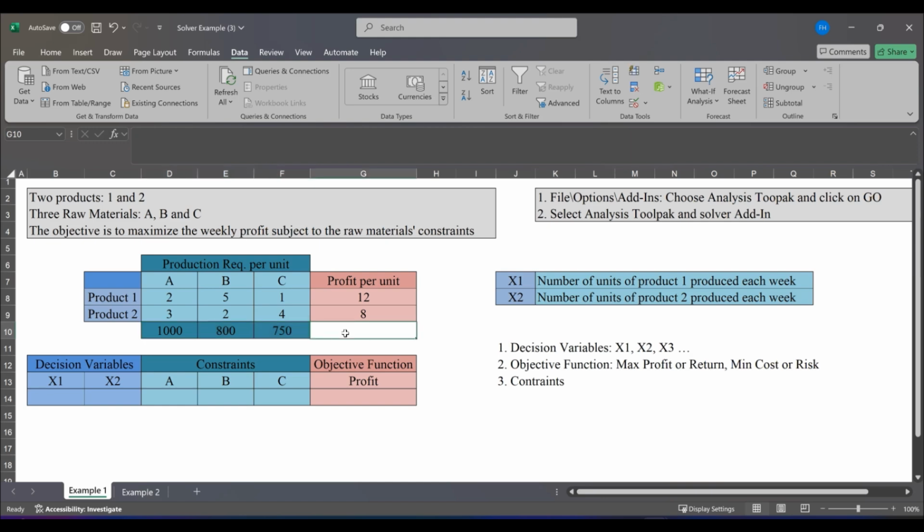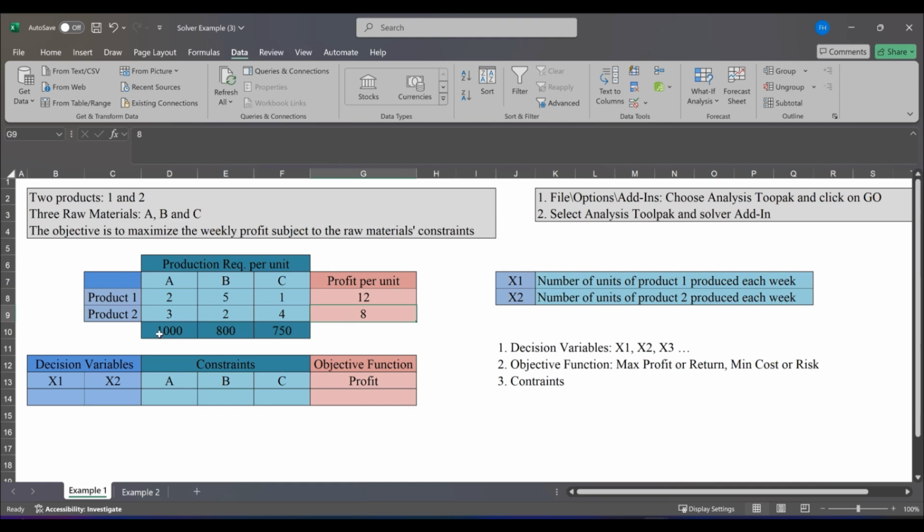So now, given that for each unit of product one, you are able to make a profit of $12 a unit, for product two, you are making $8 a unit, your objective is to maximize your overall weekly profit from selling all the produced units from product one and product two.